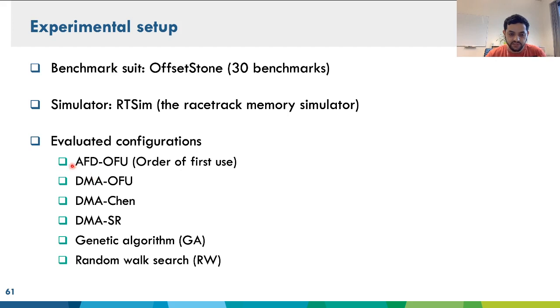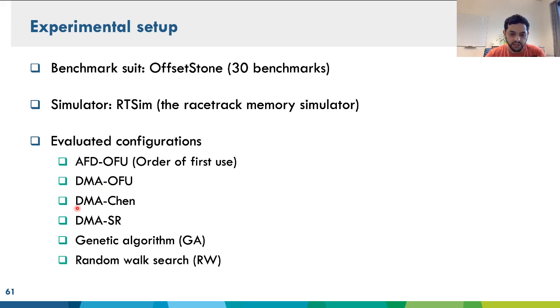We take the AFD, the access frequency based distribution, without intra-DBC optimization. So if OFU is the order of first use, which is the order in which they appear in the memory trace. Then we take the disjoint memory access, the one that I just presented, without intra-DBC optimization.